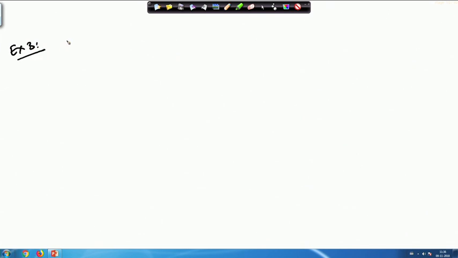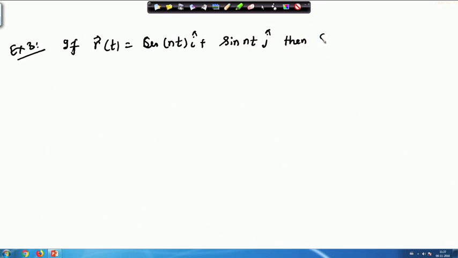Suppose r(t) equals cos nt i plus sin nt j, then show that r cross dr/dt equals n times k. Or you might be asked to show that r dot dr/dt equals something else.